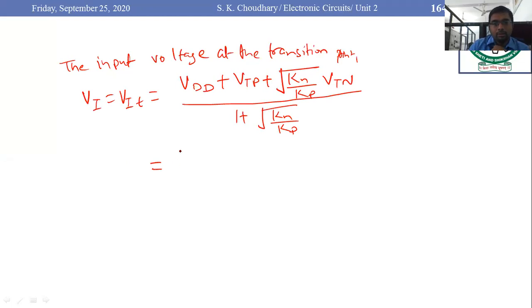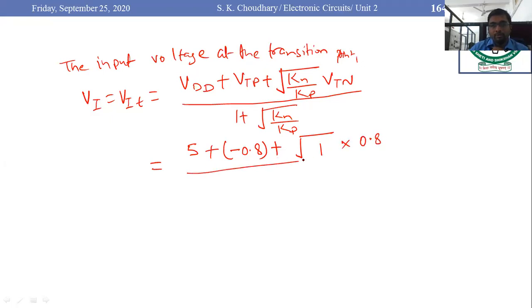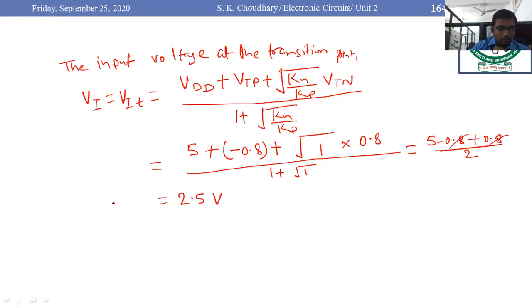Substitute VDD as 5, VTP as minus 0.8 volt, as mentioned in the question. Kn and Kp are the same, so the ratio is 1, multiplied with VTN, which is 0.8 volt, upon 1 plus root 1. Solving 5 minus 0.8 plus 0.8 upon 2, this cancels out. Finally, you get Vi or VIT equal to 2.5 volt. This is your Vi.